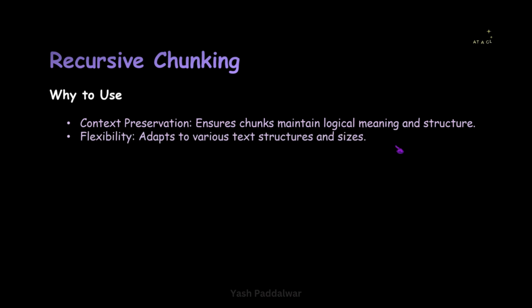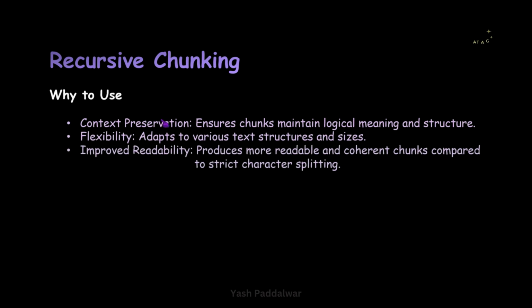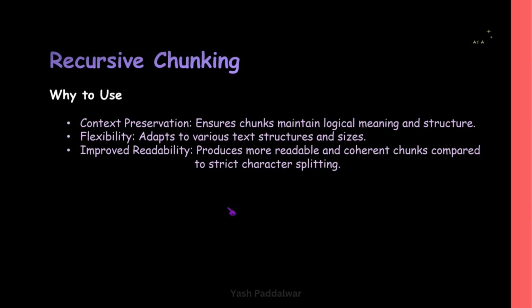Whatever the type of your text, or I would say whatever the type or size of your input, it is very flexible to all. Next is improved readability. It produces more readable and coherent chunks compared to strict character splitting. So I hope the ins and outs of the recursive chunking strategy are clear to you all.